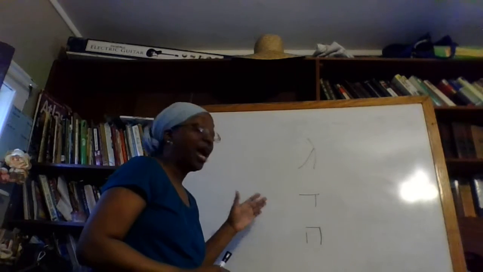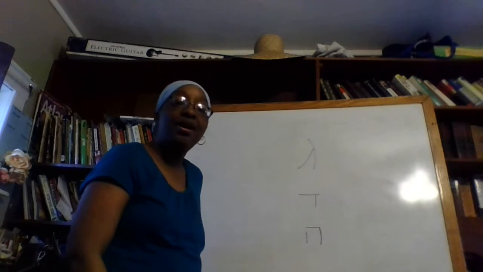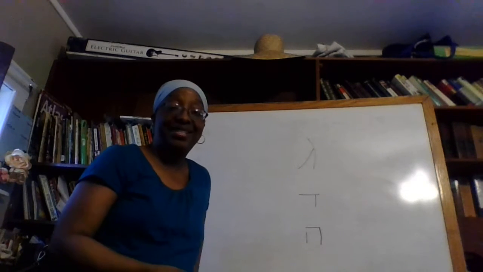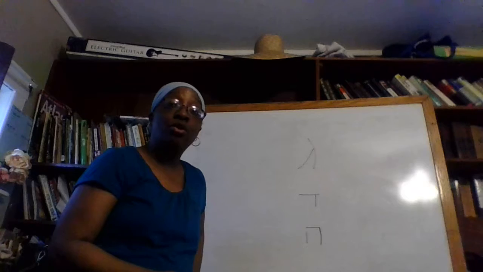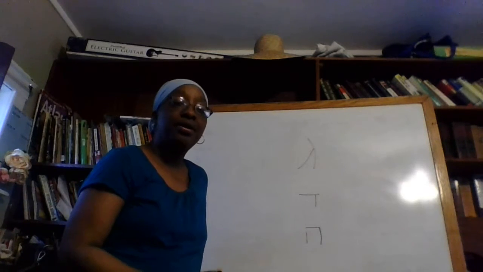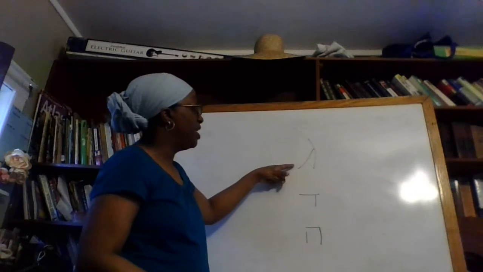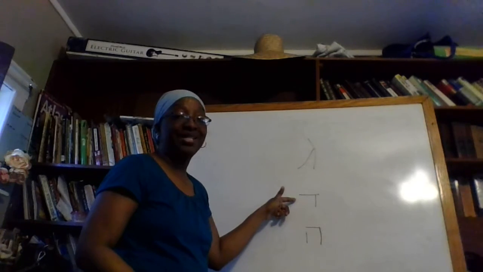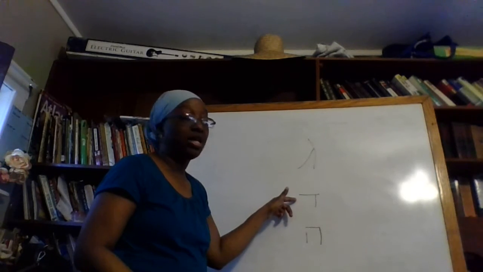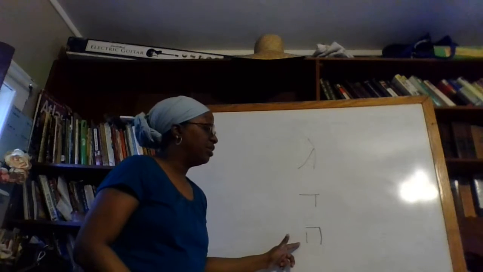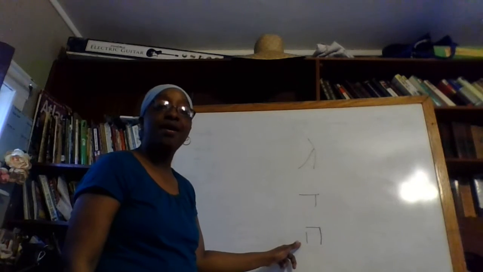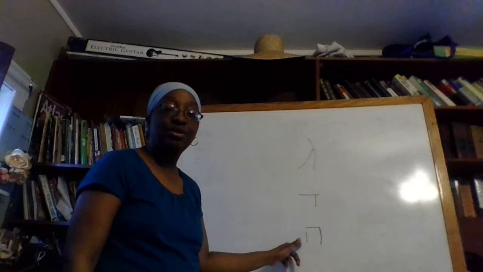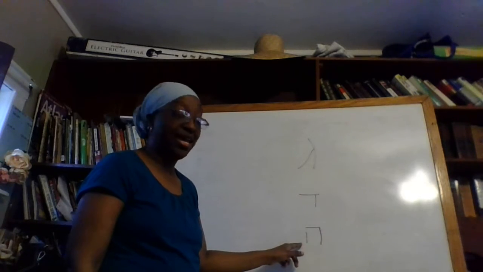So this is the letter Hey, and it makes the h sound like in hat, or like in the word hey. Gimel makes the g sound. Dalet makes the d sound like in dog. And Hey makes the h sound like in hat, or like in the word hey.